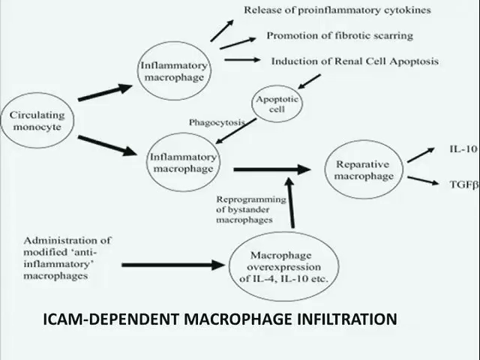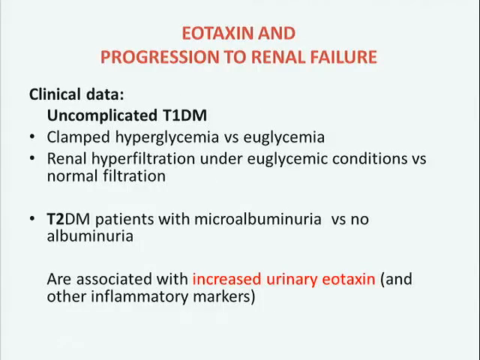So one can make a case that ICAM-dependent macrophage infiltration will be responsible for the release of pro-inflammatory cytokines, which will amplify the inflammation in the kidney, but also promote fibrotic scarring and cellular death. So this is a scheme that we could propose in relation to the role of ICAM.